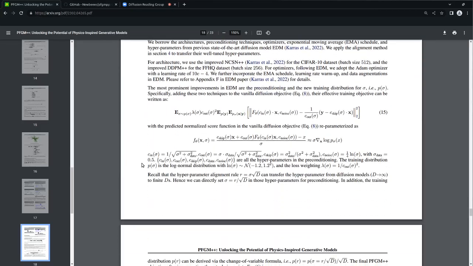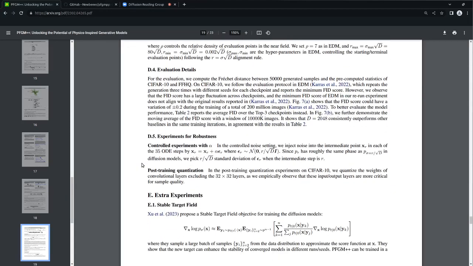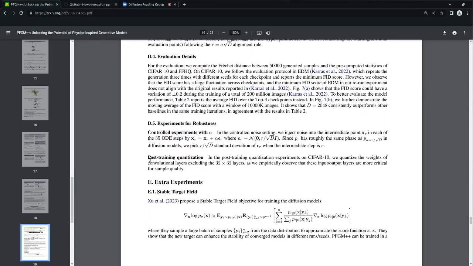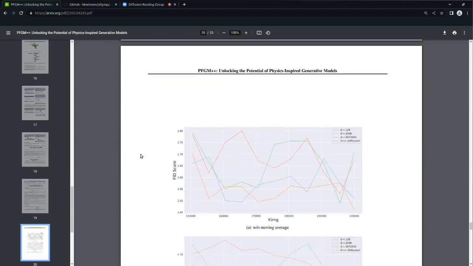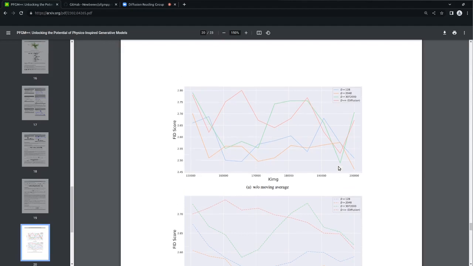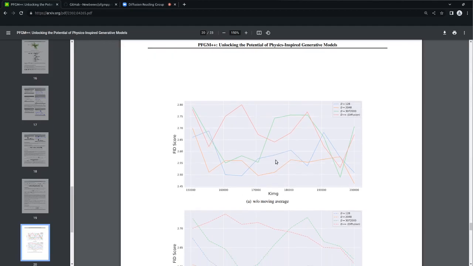They don't really seem to say much to back up those claims about robustness, except for experiments. There was this plot where they computed averages of the FID score over many samples, and it's not super clear which one should be the winner.